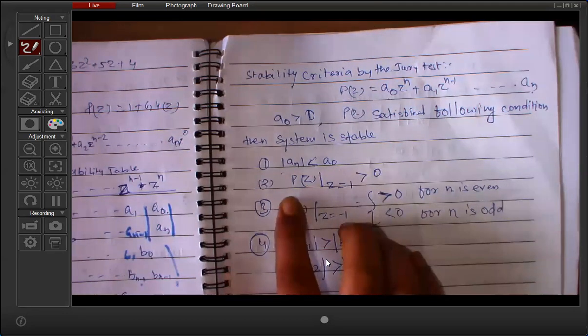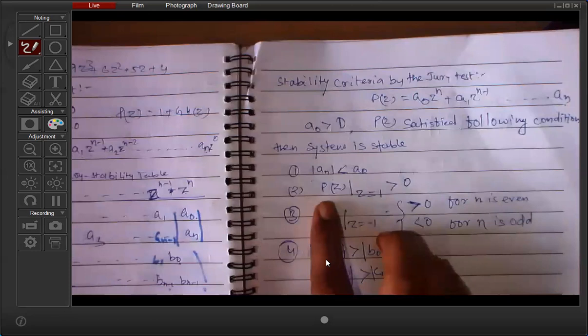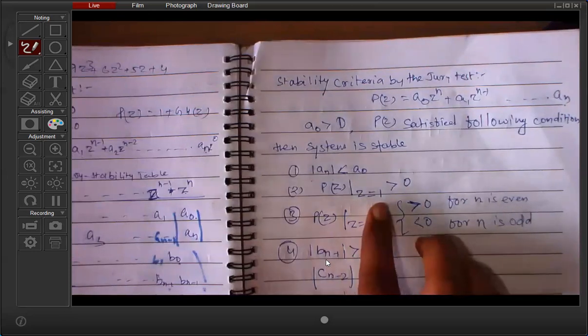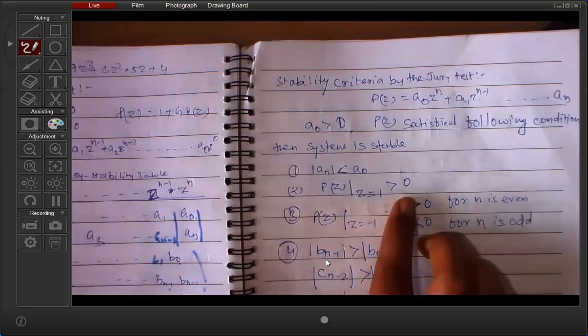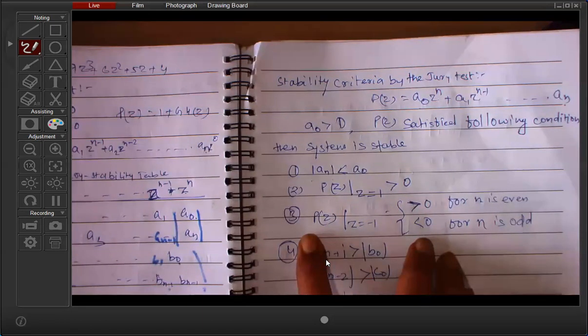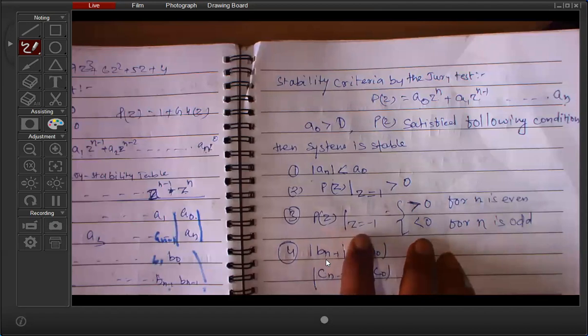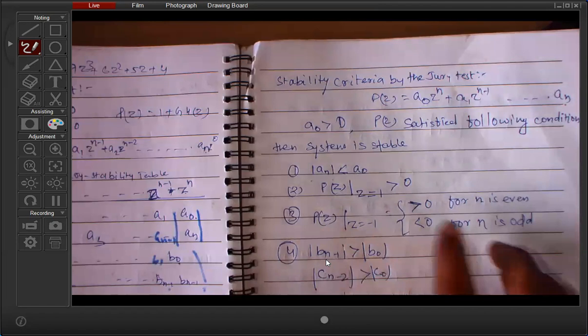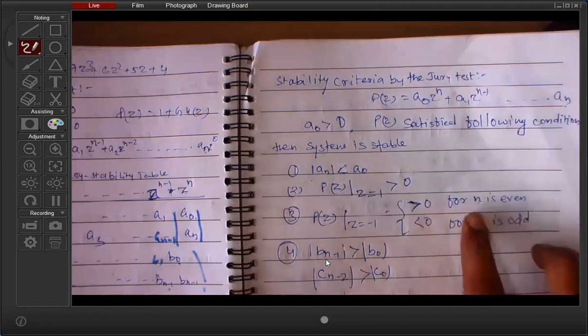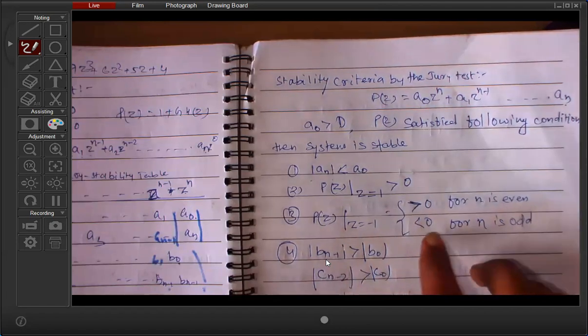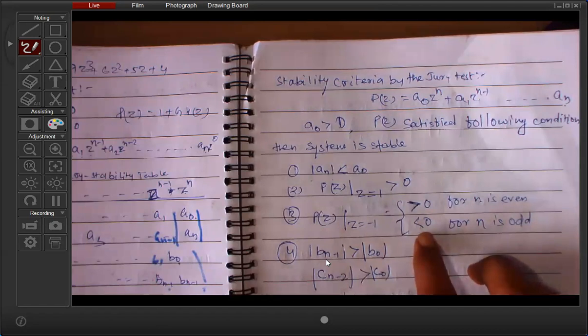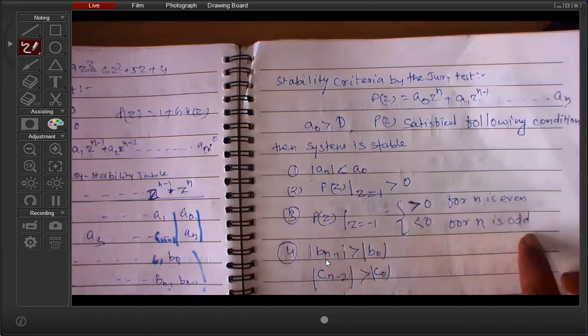Now, the second condition is that the magnitude of polynomial P(z) at z equal to 1 must be greater than 0. The third condition is that the magnitude of polynomial P(z) at z equal to minus 1 must be greater than 0 for n even, or less than 0 for n odd.